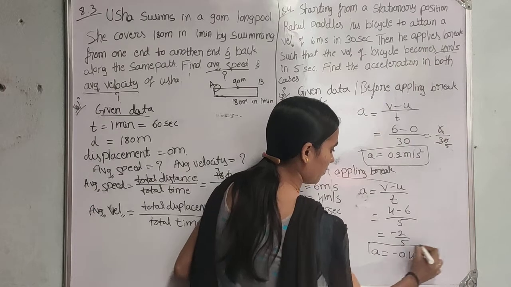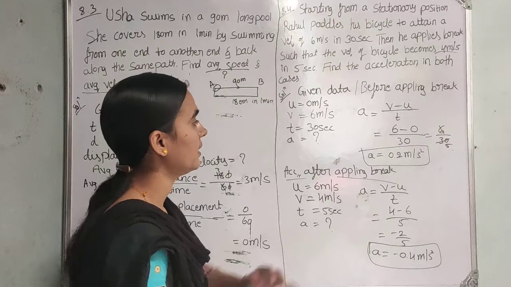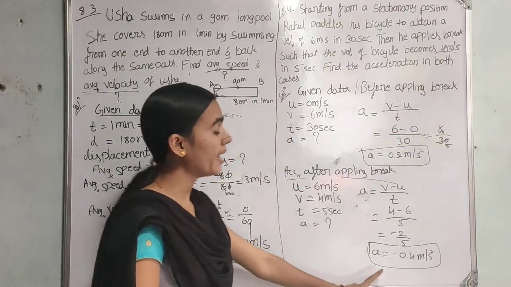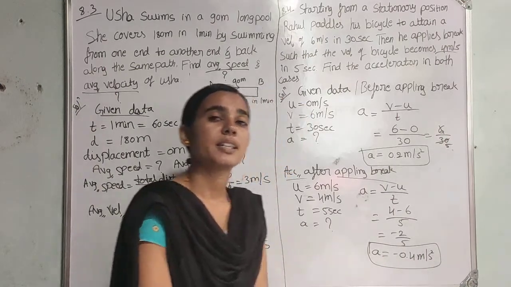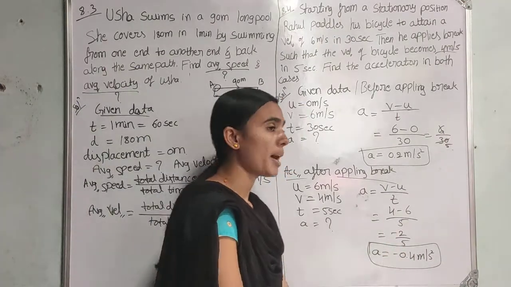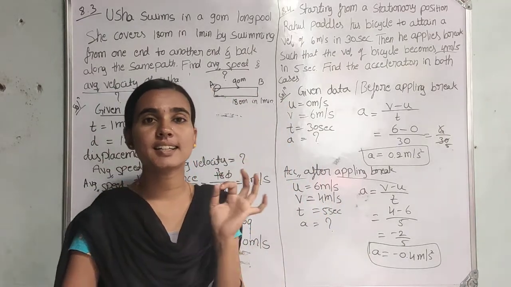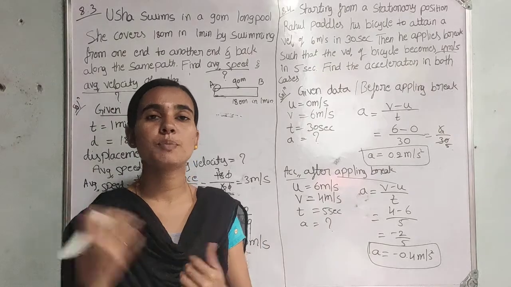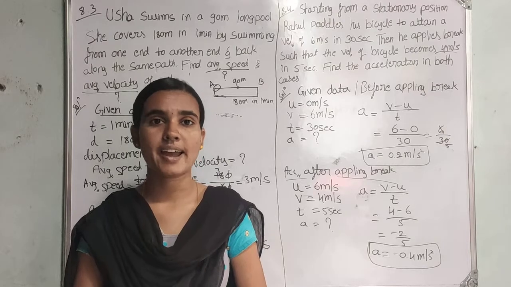So before applying the brake, the acceleration is 0.2 meter per second square. After applying the brake, the acceleration is minus 0.4 meter per second square. So don't neglect the minus sign. That minus sign indicates a decrease in the velocity of a vehicle or a bicycle, or simply we can say that it is a retardation or a deceleration.